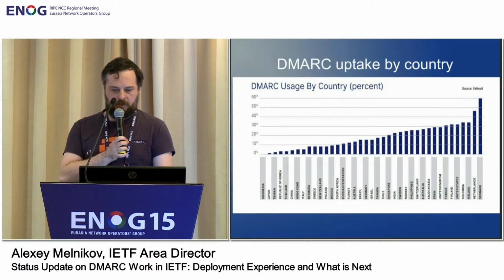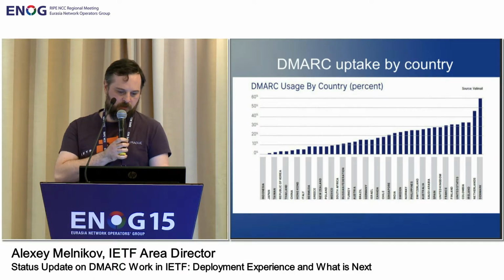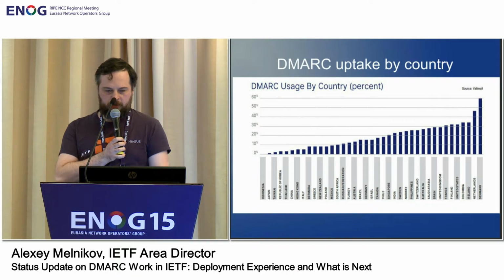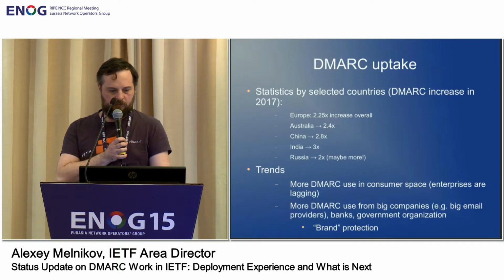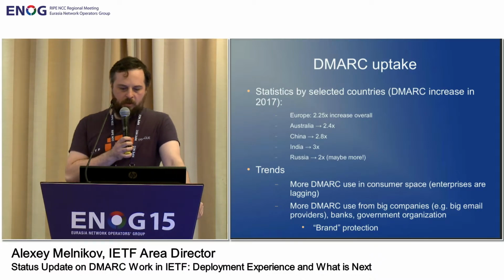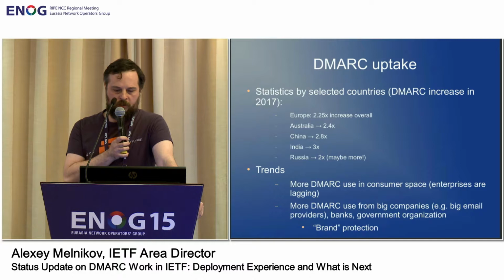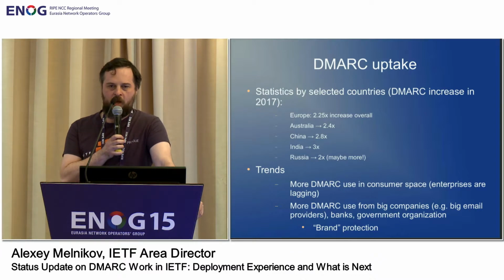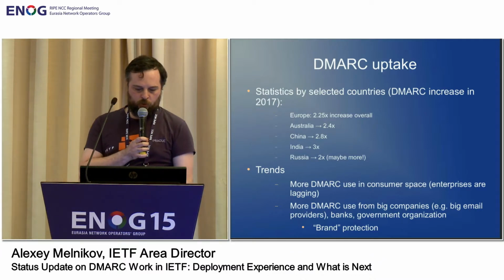You can see by countries, some countries in Europe are leading the way, but you can also see that the Russian Federation is actually on the list, so nice to see. General trends: DMARC is mostly deployed in consumer space, so enterprises are lagging. It is mostly being deployed by big companies, email providers, banks, government organizations that are being spoofed a lot. Basically companies that try to do brand protection.